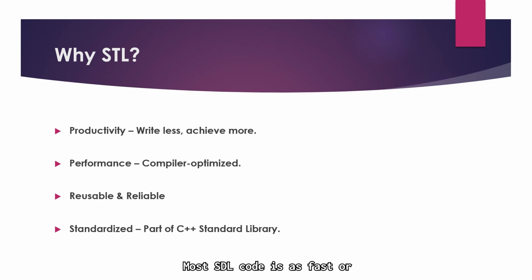Most STL code is as fast or sometimes even faster than code you would write manually. It's also reusable and reliable thanks to years of testing and standardization across compilers. And finally, STL is a standard, meaning every modern C++ compiler supports it. That makes our code portable, consistent, and easy to share.